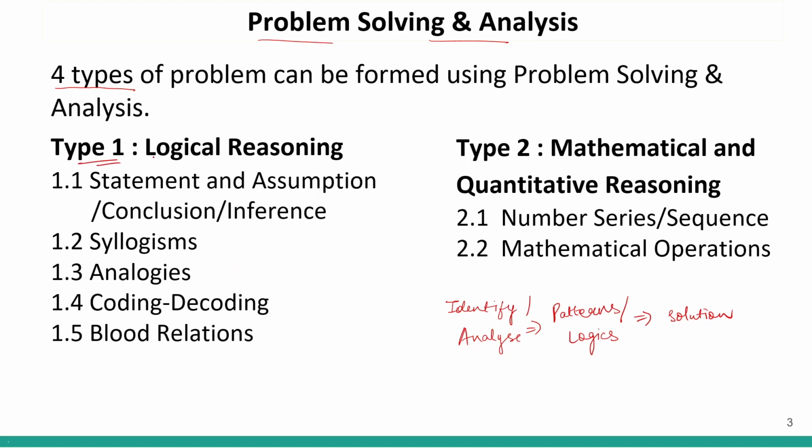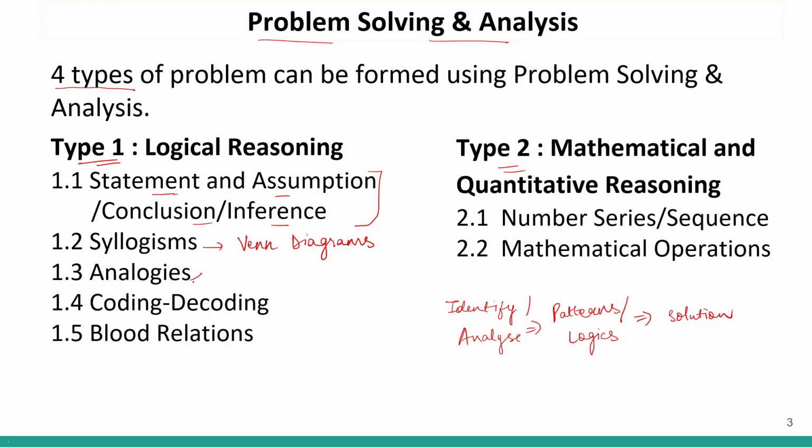Type 1 was logical reasoning and type 2 was mathematical and quantitative reasoning. This we discussed in detail. So in logical reasoning we discussed statement, assumption, conclusion, inference. We discussed what is the difference between assumption, conclusion and inference. Then we also studied syllogisms. We use Venn diagrams to solve questions on syllogisms, correct?